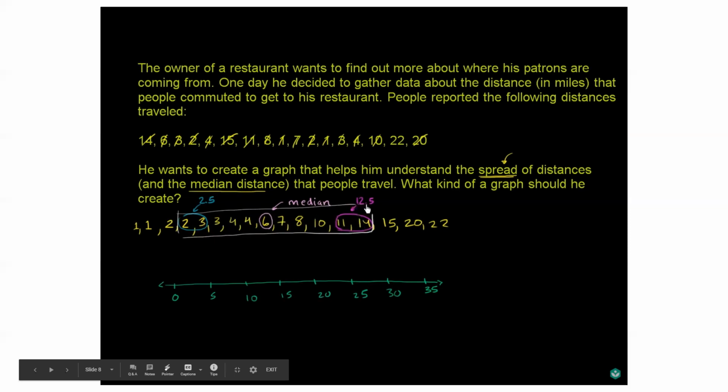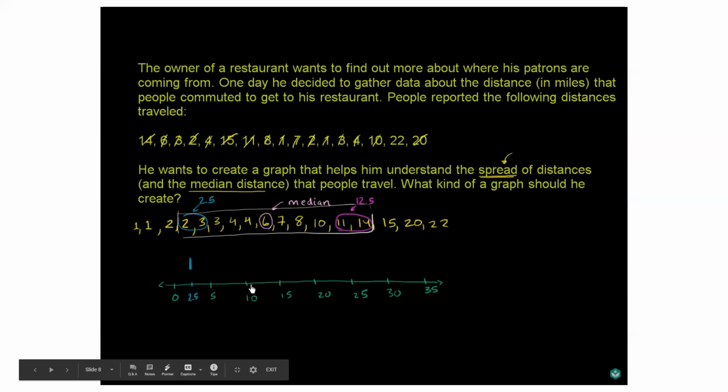So this is a part that we would attempt to represent with the box. So we would start right over here at this 2.5. This is essentially separating the first quartile from the second quartile, the first quarter of our numbers from the second quarter of our numbers. So let's put it right over here. So this is 2.5. 2.5 is halfway between 0 and 5, so that's 2.5. And then up here we have 12.5.